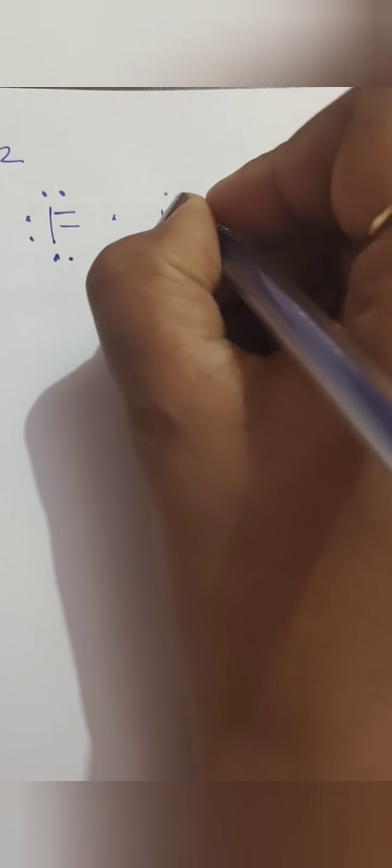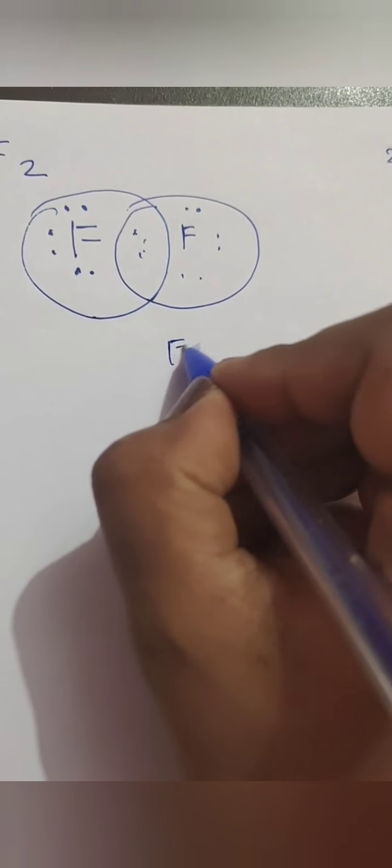So here will be 7 electrons, and the other fluorine will also have 7 electrons. Okay, so it will share and make a single bond. So it's fluorine.